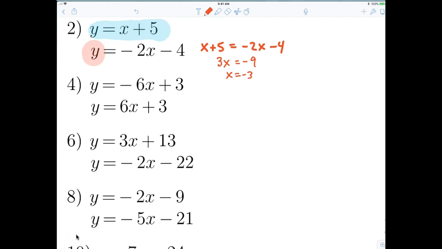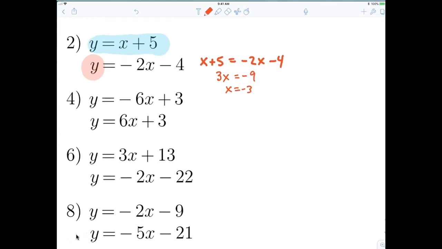If x is negative 3, I can replace this x up here with negative 3. So y is equal to negative 3 plus 5, so y is equal to 2. So the ordered pair is negative 3, positive 2.